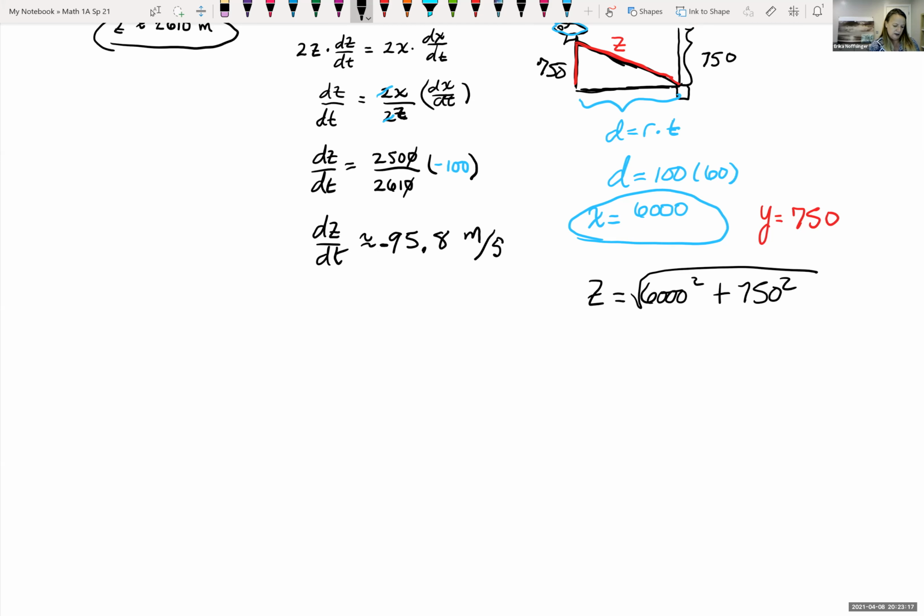So 6,000 squared plus 750 squared is the square root of 36,562,500, which is approximately 6,047 meters away.